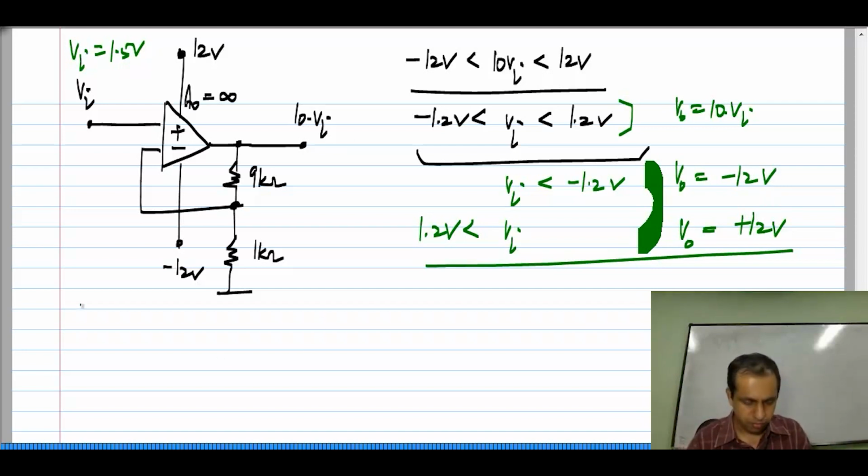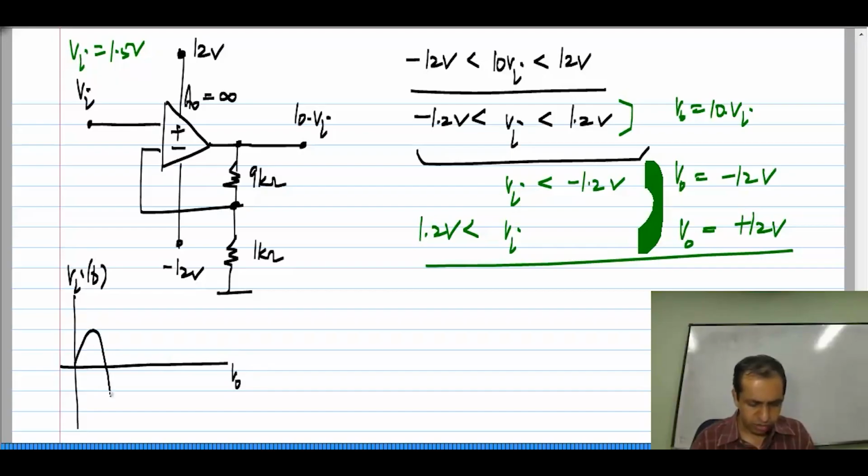Also, let us say you apply a time varying signal. The standard signal to analyze circuits with is a sinusoid, and let us say the peak value is Vp.